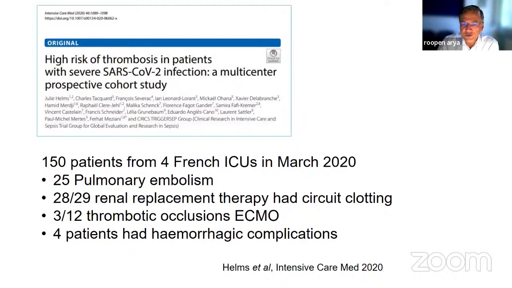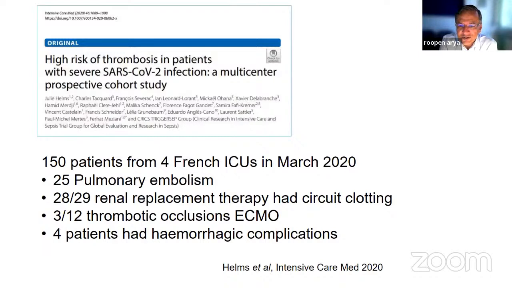So there were also many, many early studies from critical care patients. Again, this is from Julie Helms, in which, to those of us who looked after these patients, this is a very, very recognizable narrative.